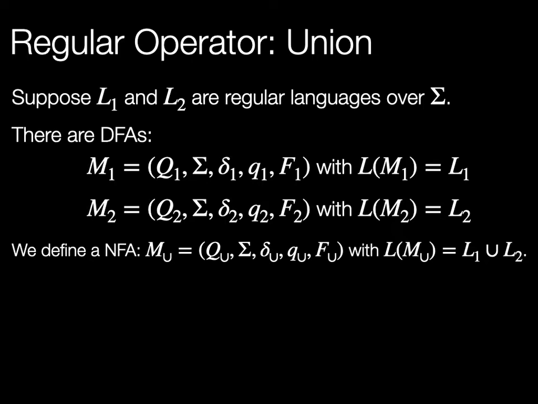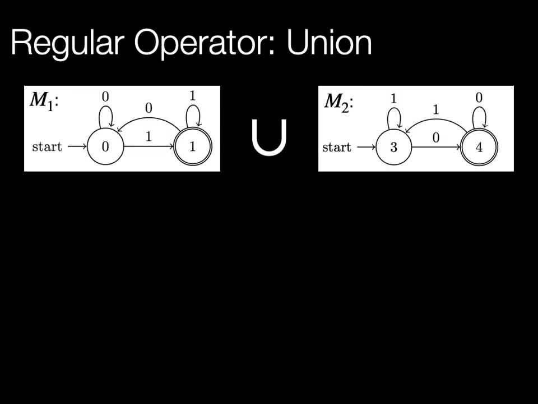To see how we'll do this, let's consider an example. Suppose we have DFAs M1 and M2 on top. Again, if either of these accepts, then we will end in a final state. So to determine if a word is accepted by either of these, we will need to run both of them on the same input word, and we can do this by forking off two threads, one for each DFA.